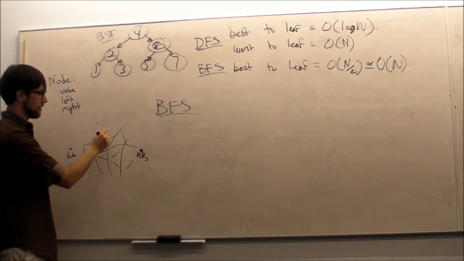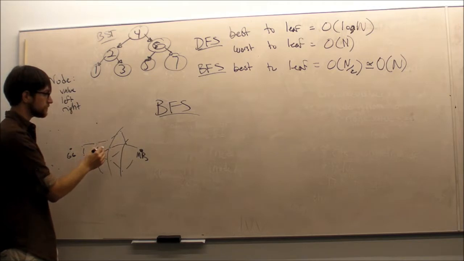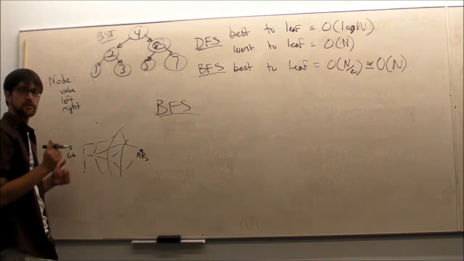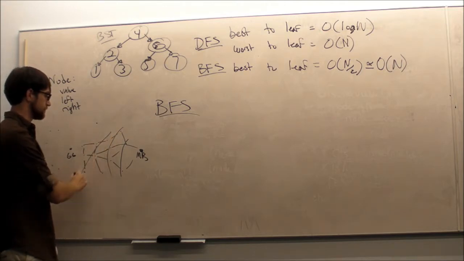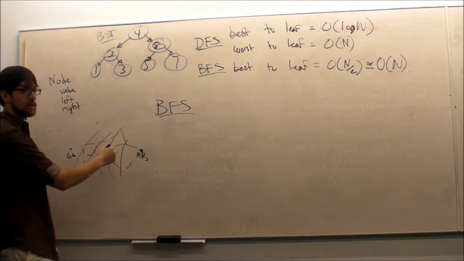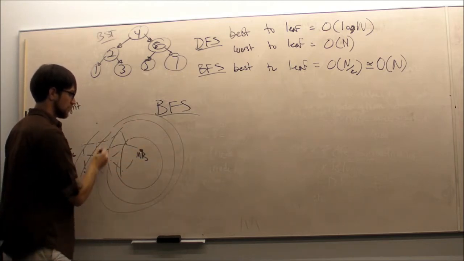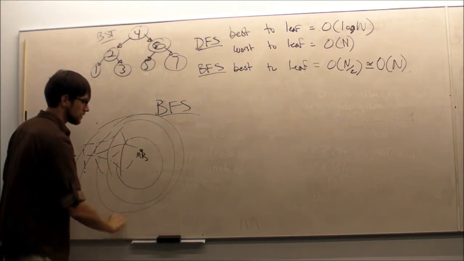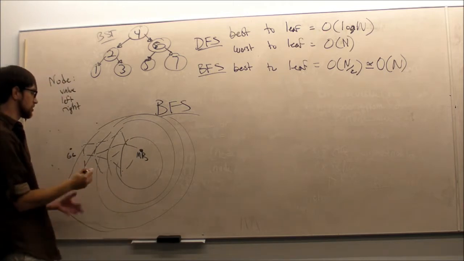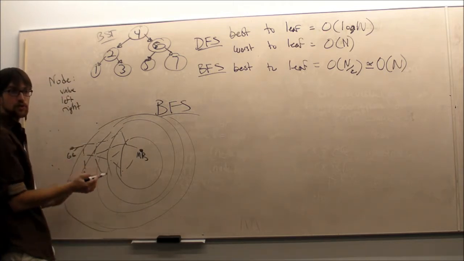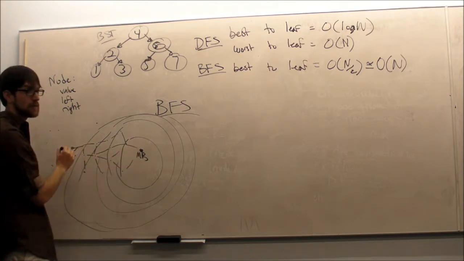So that would give you the shortest path. Yes, it will eventually return the shortest path. And so it will eventually kind of iterate outwards, testing all directions equally, and when it finds this location, it can return the shortest path to get from point A to point B.